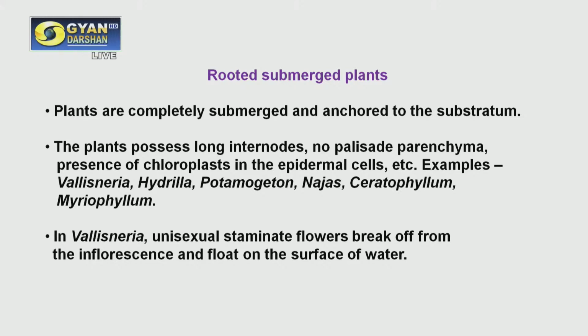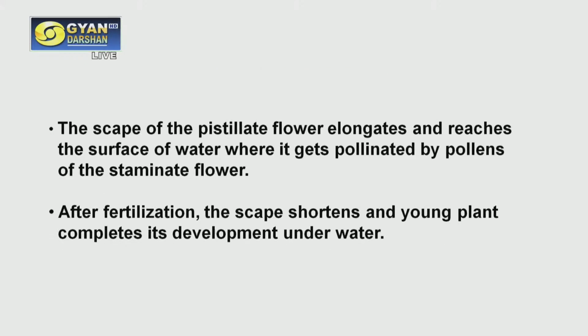In Vallisneria, unisexual staminate flowers break off from the inflorescence and float on the surface of the water, and then the scape of the pistillate flower elongates and reaches the surface of water, where it gets pollinated by the pollen of the staminate flower. So they have two different types of flowers, the staminate flower and the pistillate flower.